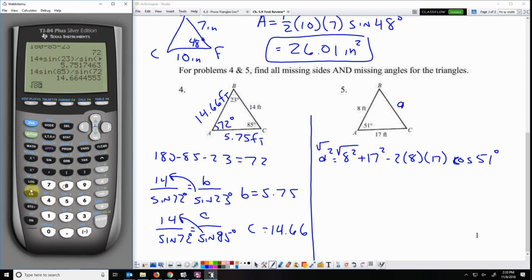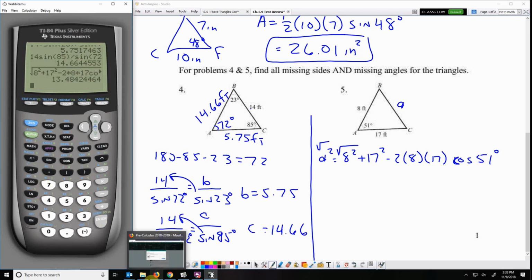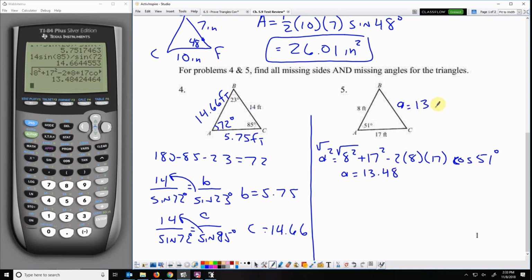So the square root of 8 squared plus 17 squared minus 2 times 8 times 17 times cosine 51. Then I get 13.48. So that is the missing side, 13.48 feet.